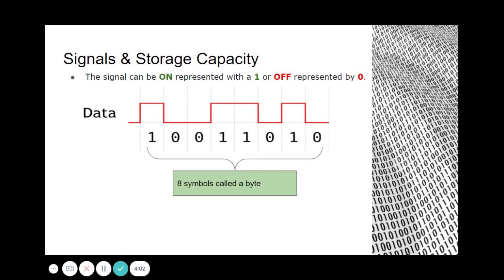If instead we have 8 bits, because each symbol is a bit, if we have 8 symbols, we call that a byte. Here's an example of one possible byte, depending on how you flick the switches on or off. As long as you have 8 on or off symbols, we call that a byte.